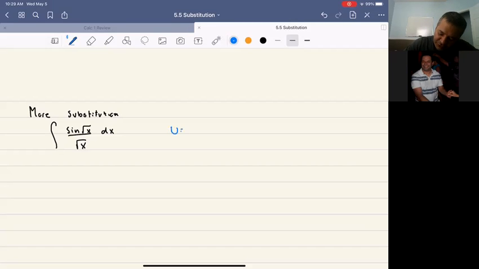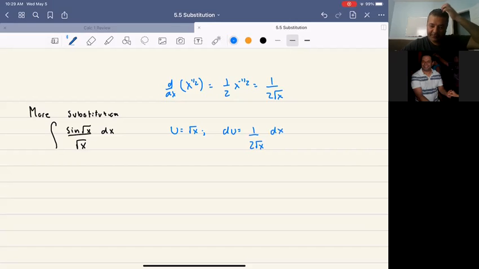If you say u is the square root of x, then du: the derivative of the square root of x is one that everyone should know by heart. It's 1/2 x to the negative 1/2, but I like to think of that as 1 over 2 root x. So this is going to be 1 over 2 root x dx.